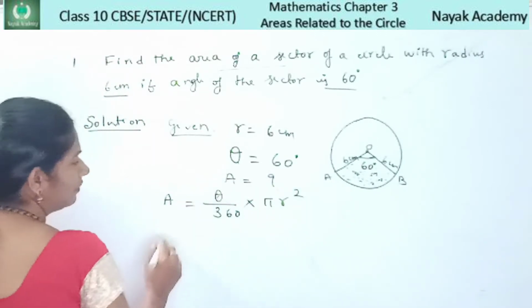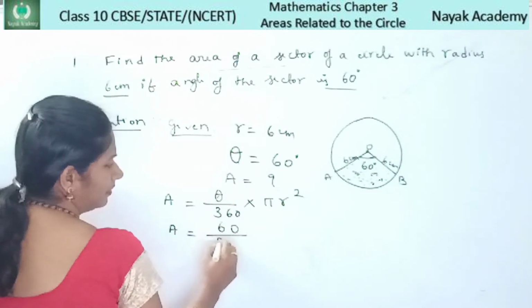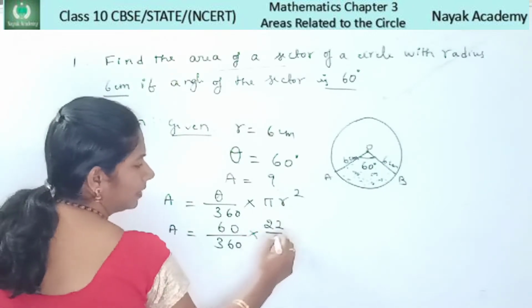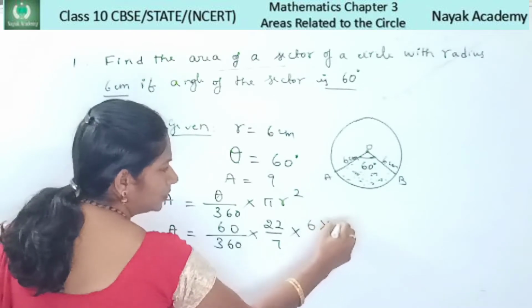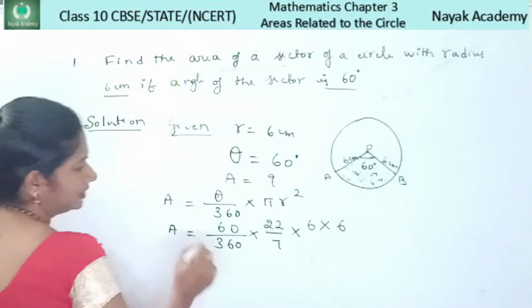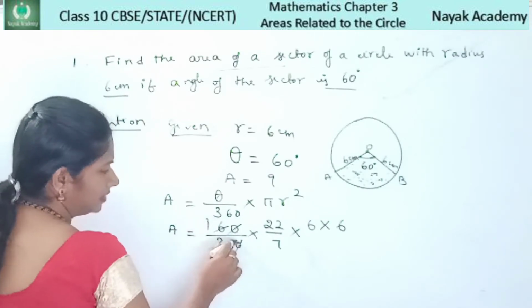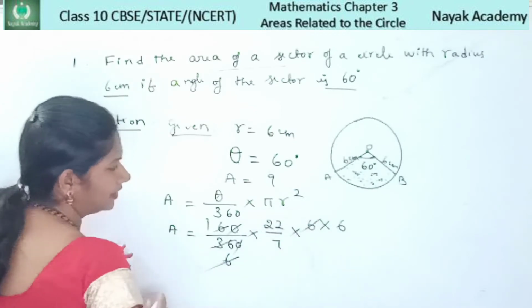Now let us substitute the values. A equals theta 60 degrees divided by 360 degrees into pi value 22 by 7, into radius 6 into 6. Now let us simplify, children. The zeros get cancelled. 6 ones are 6, 6 sixes are 36, and this 6 and this 6 get cancelled.